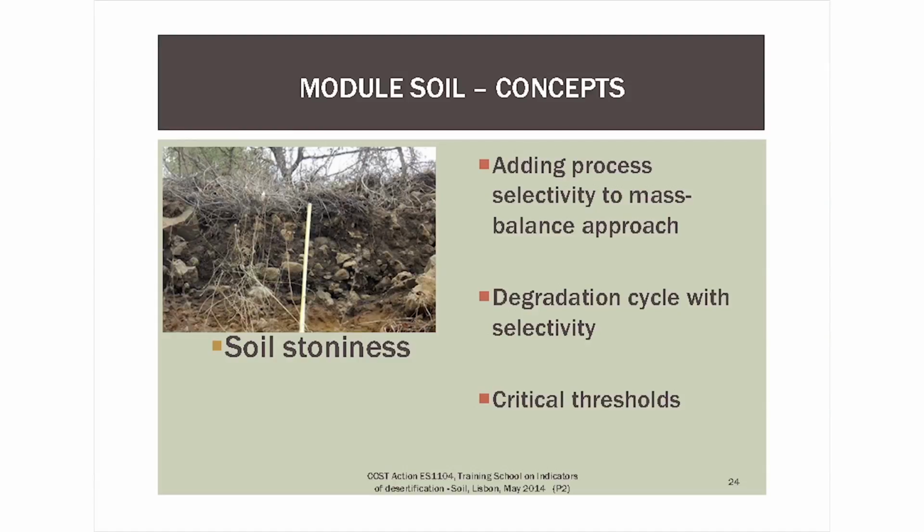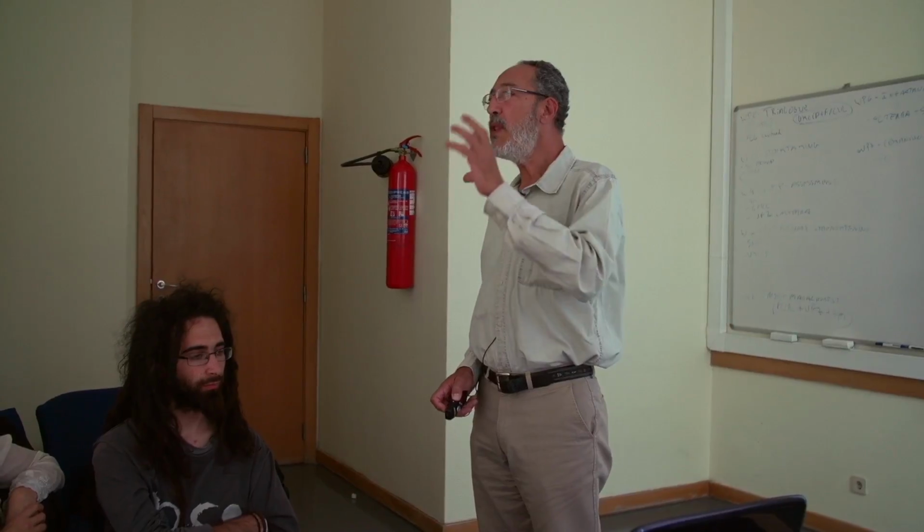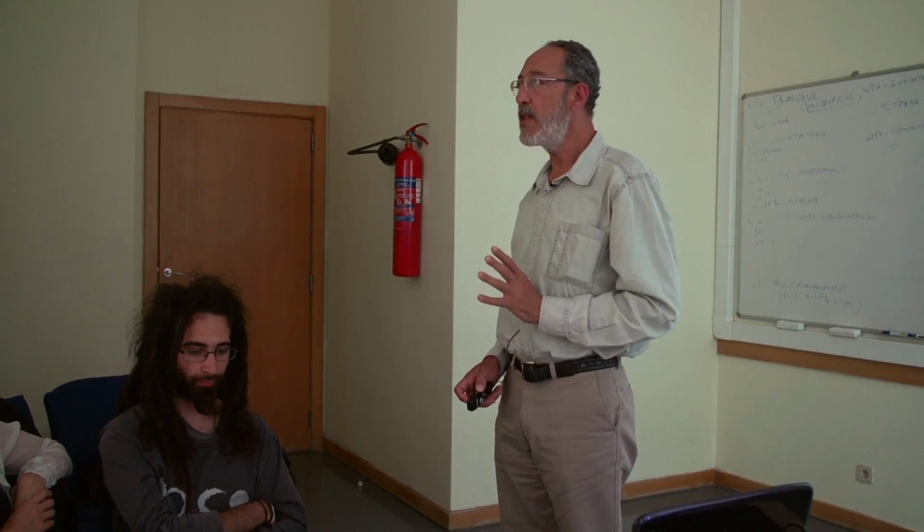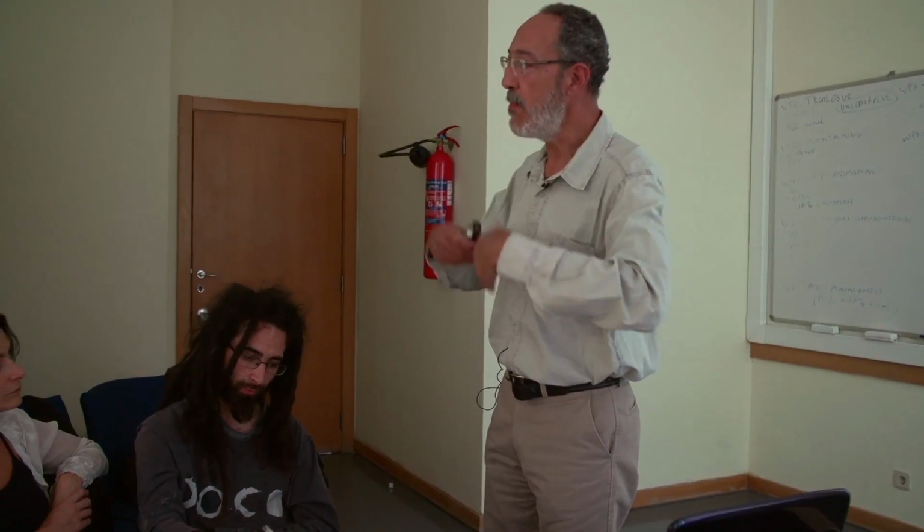Soil stoniness is also a very important issue as an indicator of soil degradation and also as a soil-based indicator of desertification. Well, this is something like we talked about when we addressed the mass balance model, but adding a very important point there, which is selectivity. When we think about the mass balance model, we think that the soil is washed out simply.